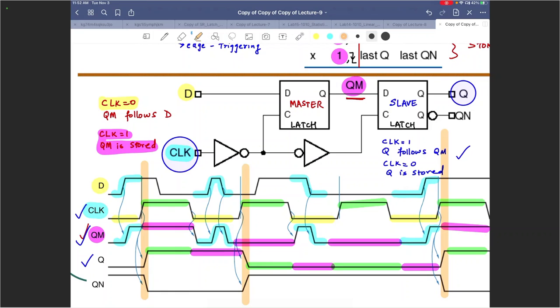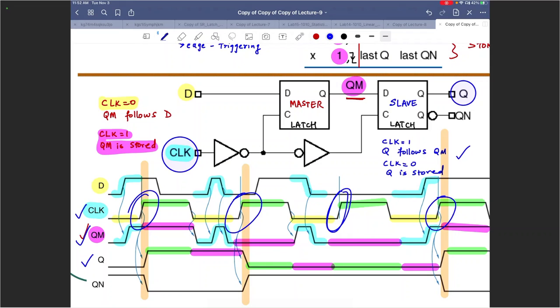What is common to those changes? Clock positive edge. Yes, absolutely right. Those times are exactly matching with the positive edge of the clock. There was another change possible here, but we didn't get that change. It didn't change, so we didn't get it.